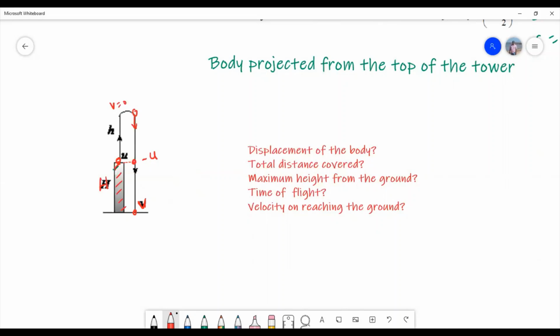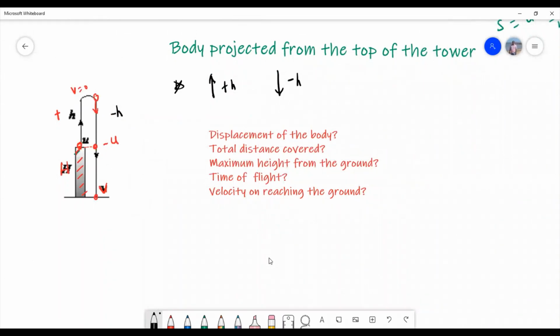Now here we need to follow some sign conventions. Heights covered in the upward direction are taken as positive, and distances covered, that is displacement, in the downward direction are taken as negative. Upward displacement is positive, downward displacement is negative. So what is the displacement of the body for the total journey?